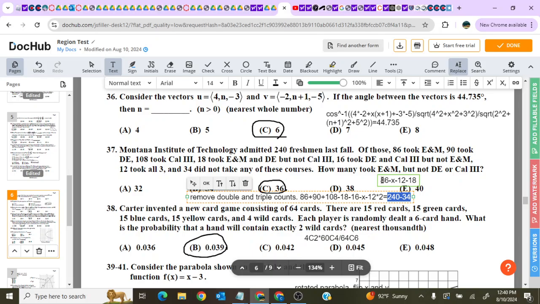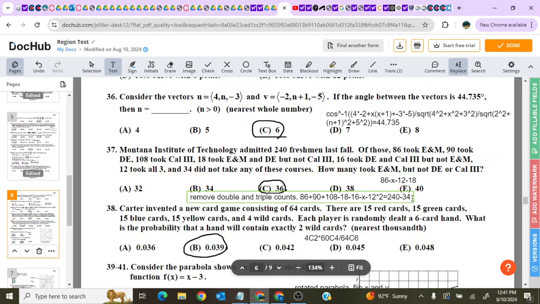Then you need to figure out how many people are only taking that class. Well, we know that there are the 86 people that took E&M.